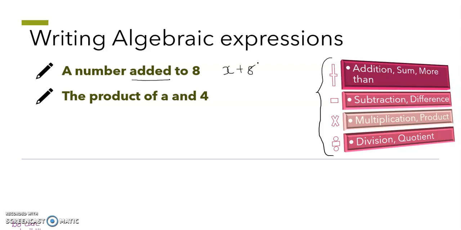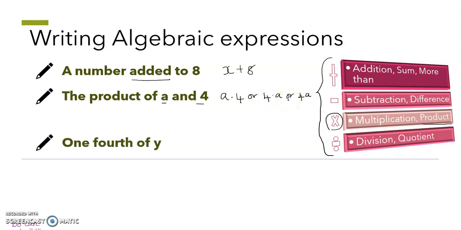The product of a and 4. So what is the symbol for product? It's multiplication, right? So a and 4. You can write it as either a dot 4 or 4 dot a or 4a. All the three are right.